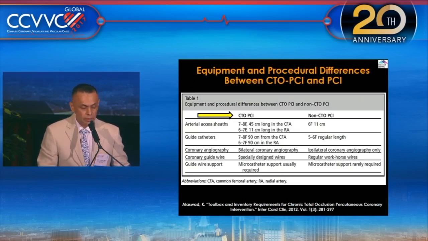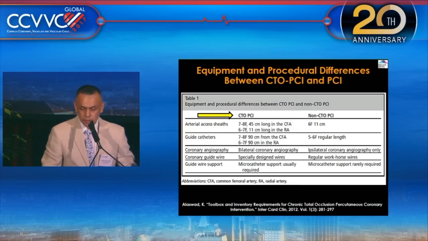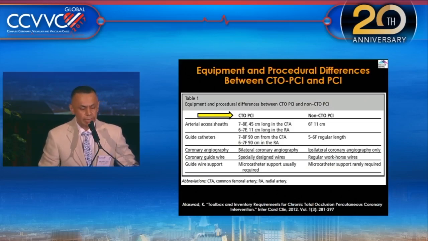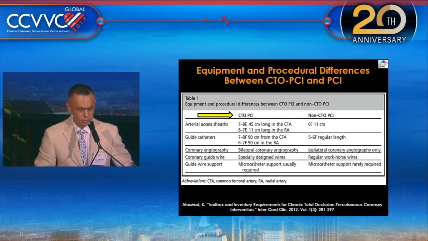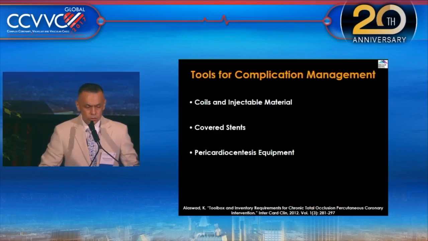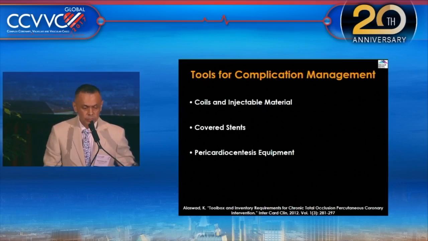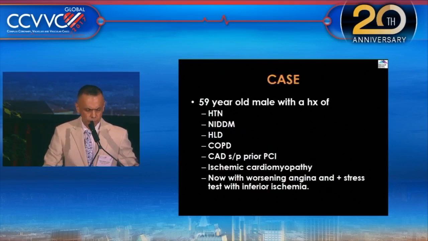You need the microcatheters like Fine Cross, Turnpike, Micro 14, and so on. And the tools for complication management: you need to have coils, covered stents, and pericardiocentesis equipment in the room.